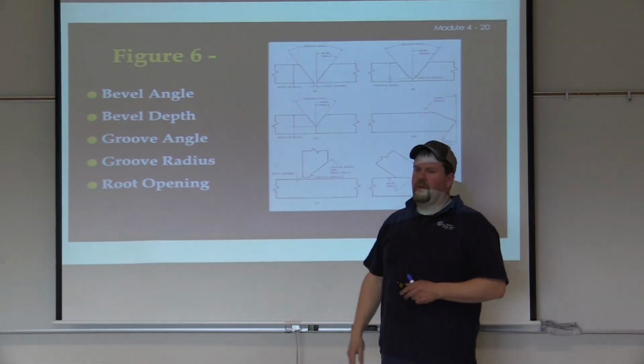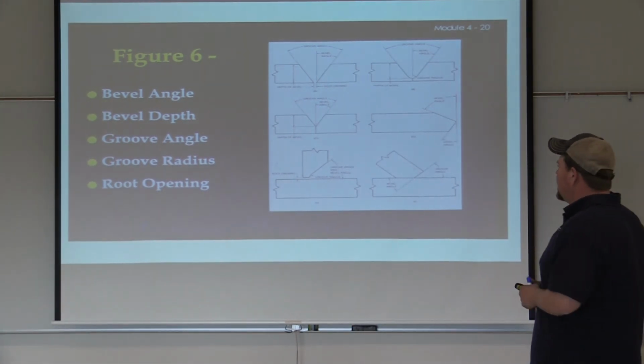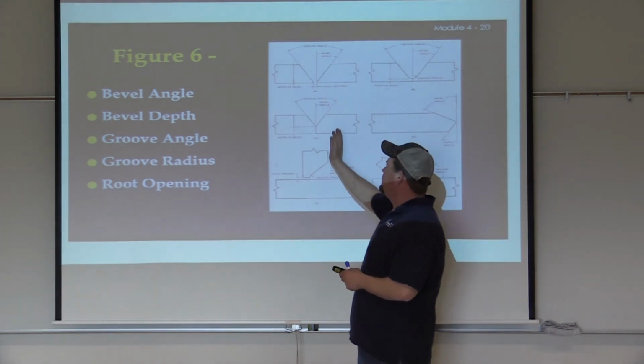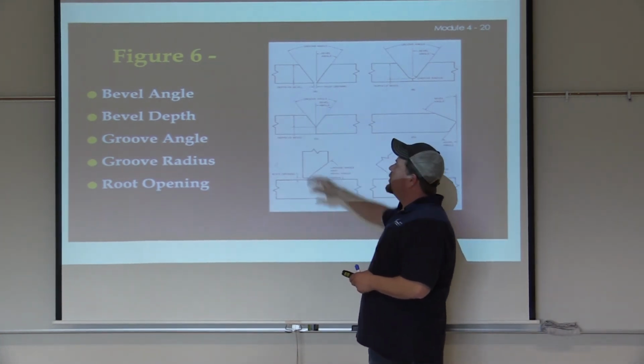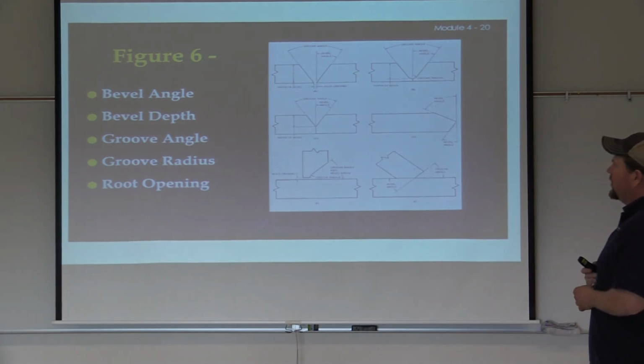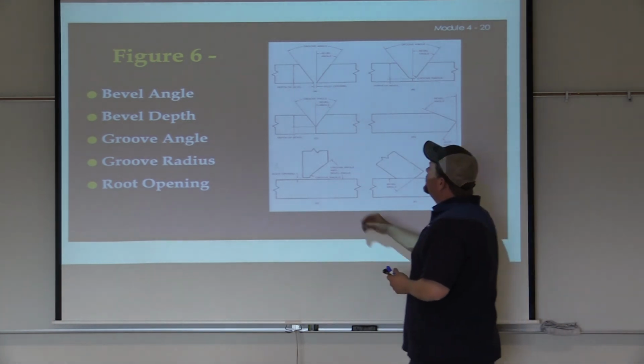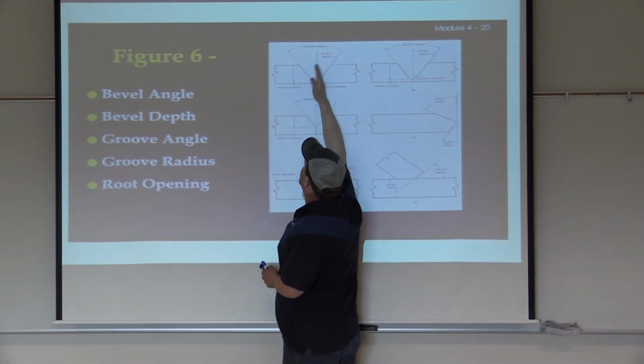the bottom. All right? Most anything else that's prepped as a straight edge or a chamfer is going to be an angle, the groove angle or the bevel angle instead. Okay? So exactly what it says, the groove angle is the two combined, both sides.